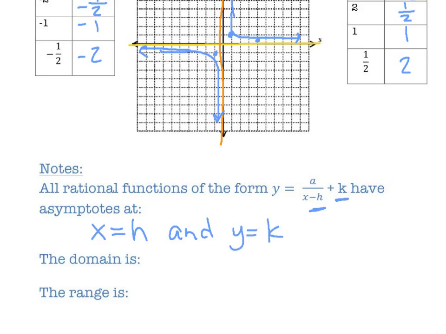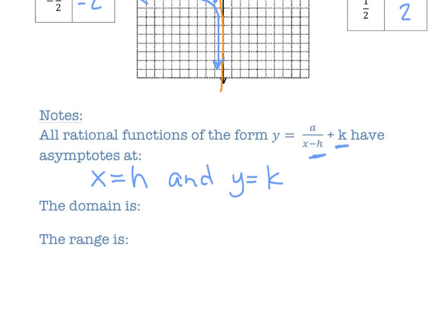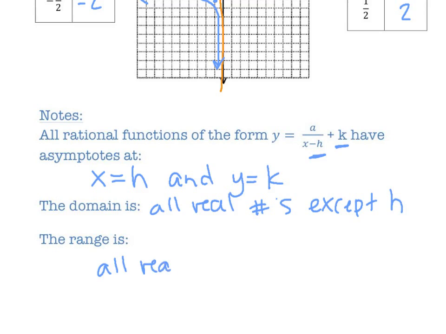And so the domain of this kind of function is going to be all real numbers except h. And the range will be all real numbers except k.